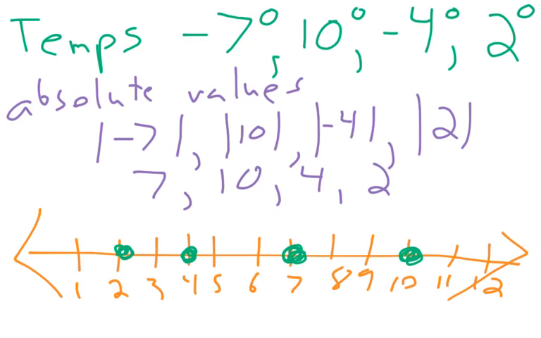Again, these little sticks that the numbers are between symbolize absolute value. So the absolute value of -7 is 7. The absolute value of 10 is 10. -4 would be 4, and 2 would be 2. They might ask you to graph these absolute values on a number line. All you do is put dots where the numbers would be on the number line. So that might be something that could come up.